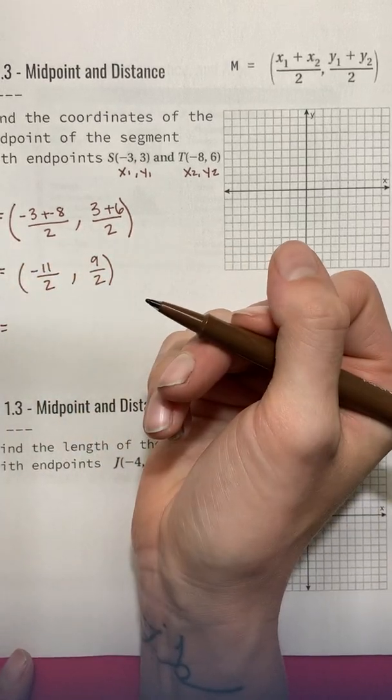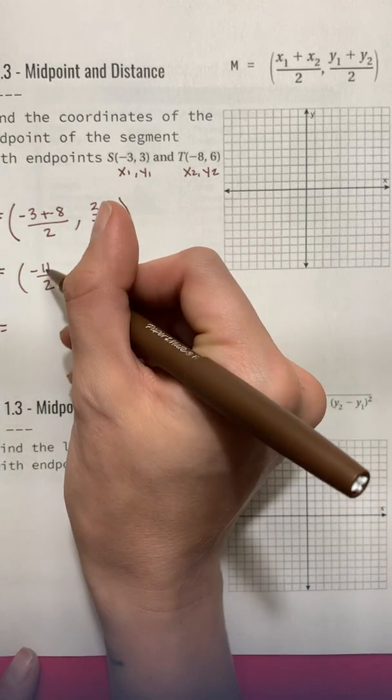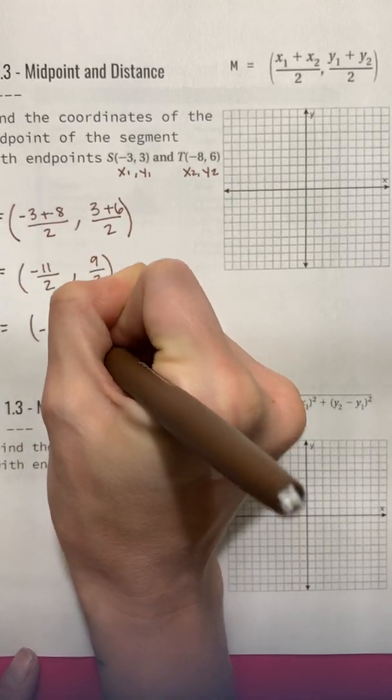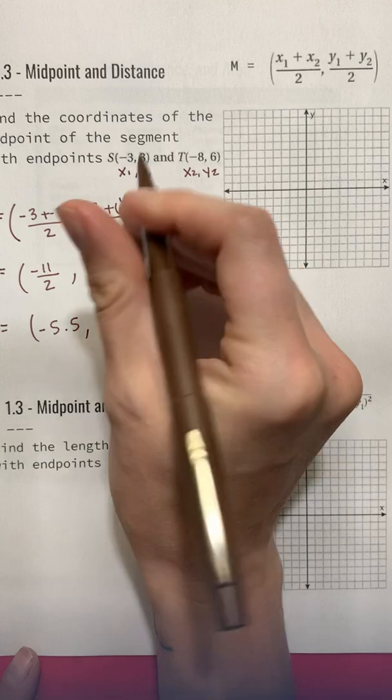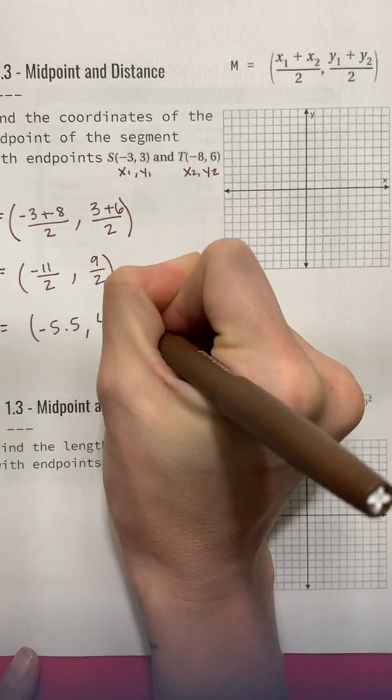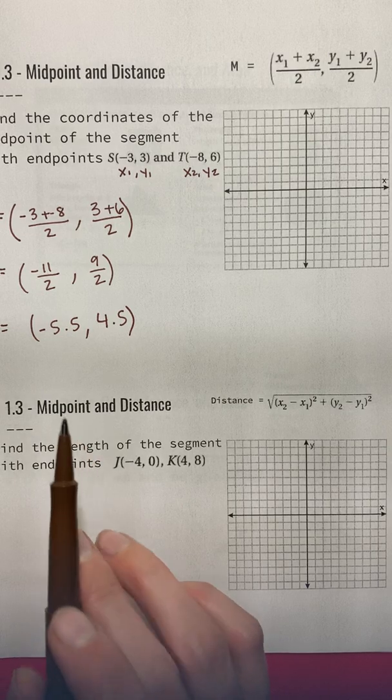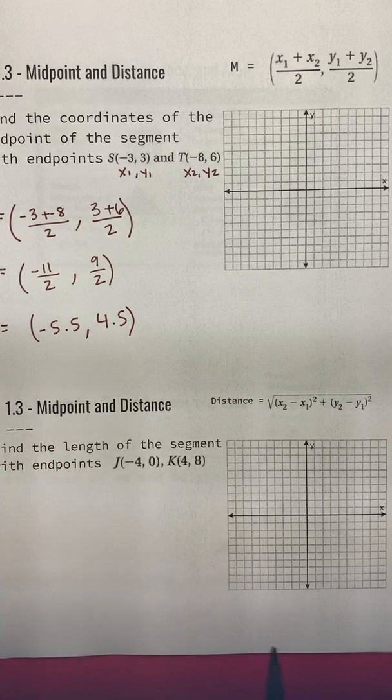Okay, and then we're going to get decimals for those. So -11 divided by 2 is going to give me -5.5. 9 divided by 2 is going to give me 4.5. Okay, so that's working it algebraically, so with the formula.